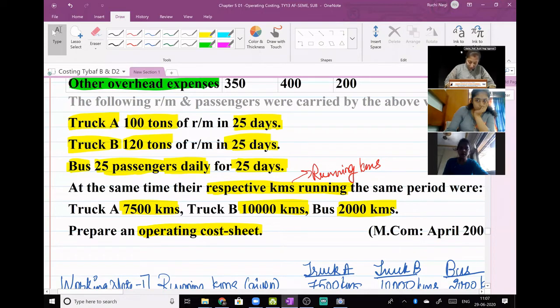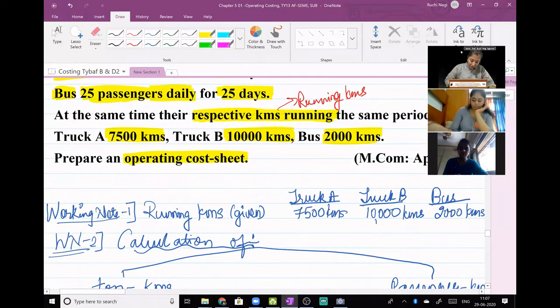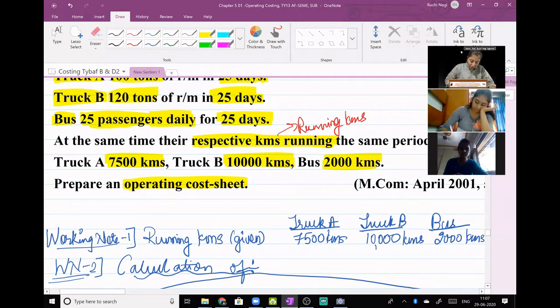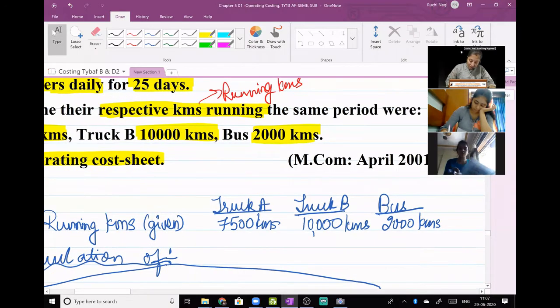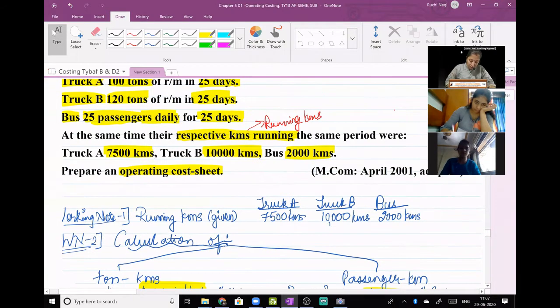Okay, fine. So let us start. Start writing this, students. Working note number 1. Running kilometers is given. Truck A, B, and for the bus. Write it down.